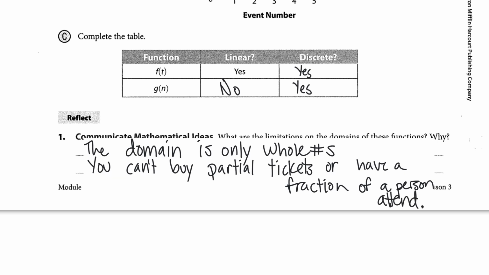Which is also why it's considered discrete. Continuous would be if you had fractions or decimal tickets or people.